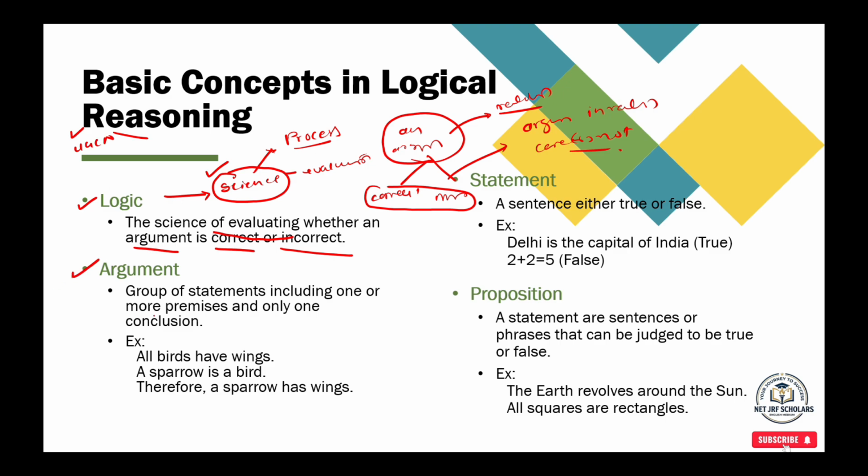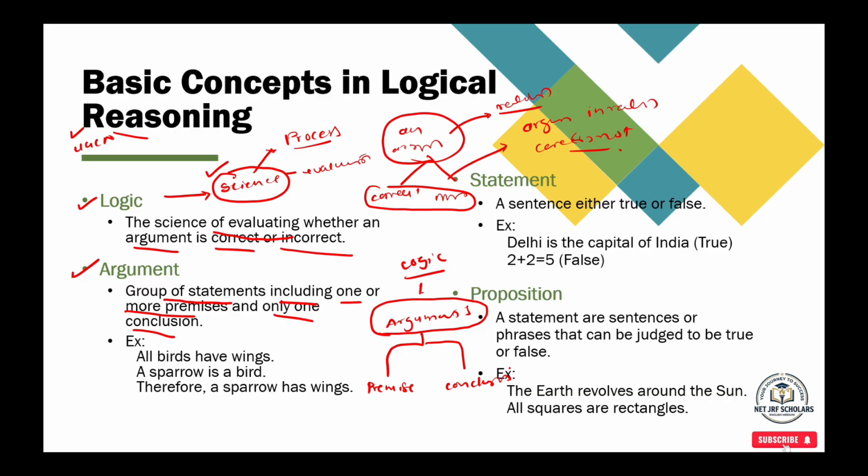Okay, that is what an argument is for us in the UGC NET examination. An argument is a group of statements including one or more premises and only one conclusion. As I said, logic is a science and it evaluates arguments. To call something an argument, because every party wants to win or prove their argument, they need to provide premises.